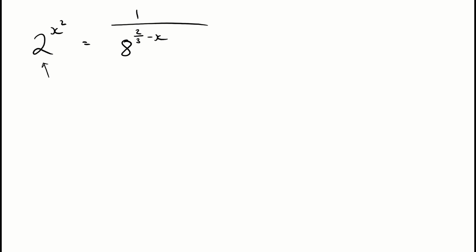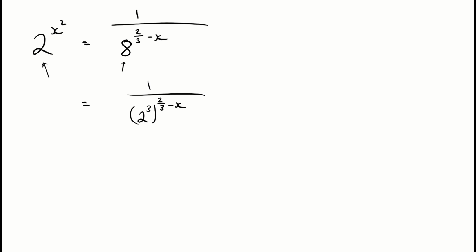I have a base of 2 here, but I've got this 8. What can I do about that 8 to write it in terms of a 2? I can write it as 2 cubed. So I can have 1 over 2 cubed to the power of 2/3 minus x.